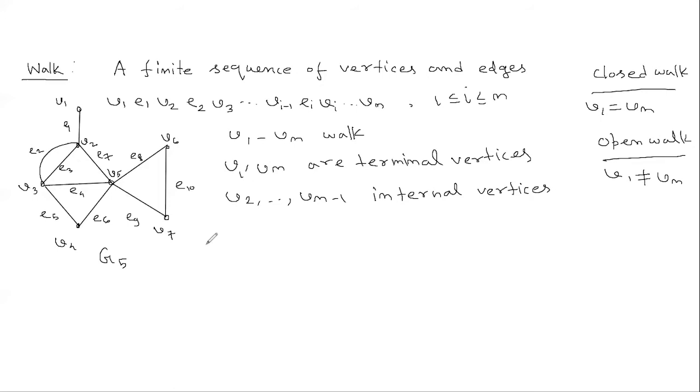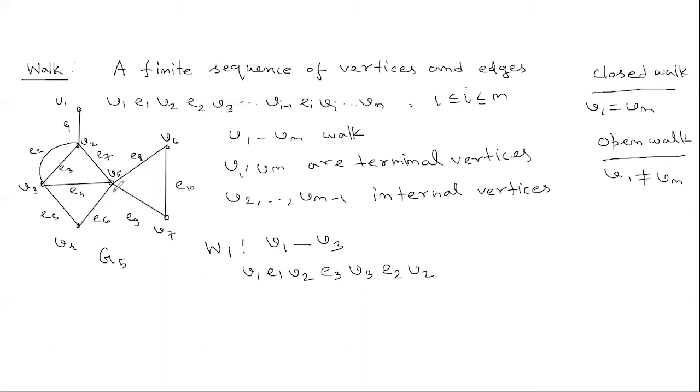So let us first try to write a walk W1, which is a walk from say V1 to V3. So we can select V1, E1, V2. Then we can go in this direction. So V2, then E3, V3, then E2, V2.